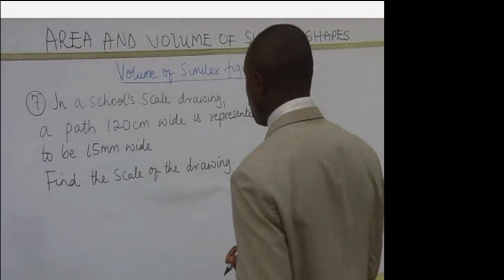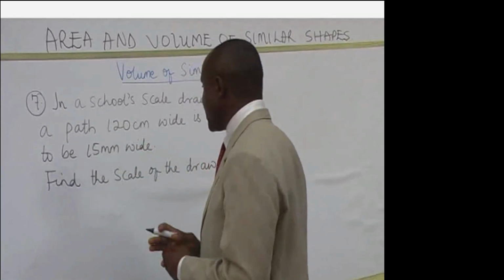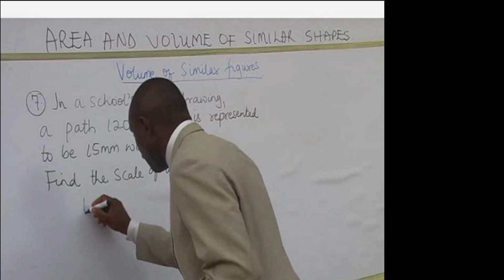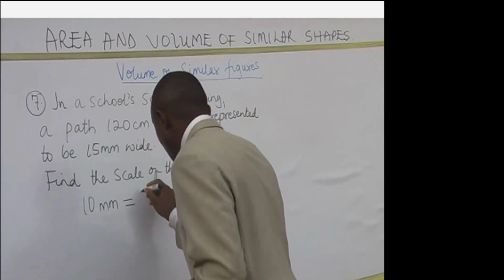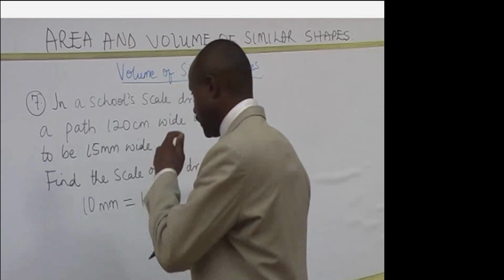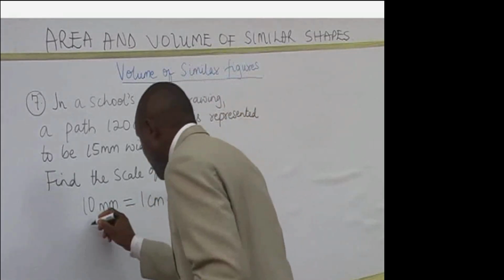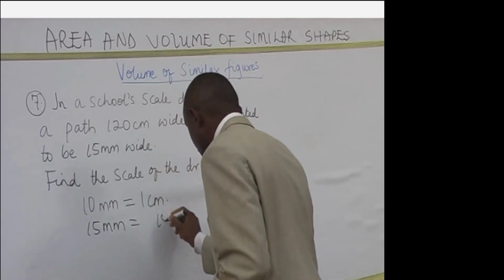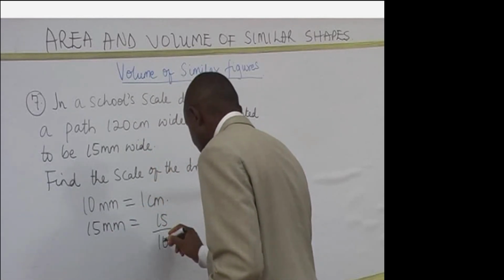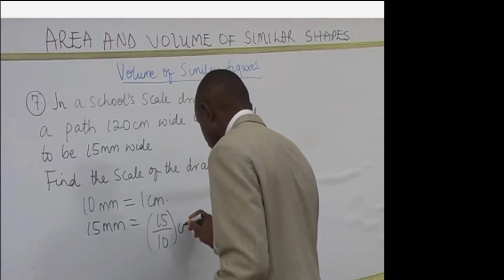So the first thing we do here is to change millimeter into centimeter. The parameter is that 10 millimeter is equal to 1 centimeter. Therefore 15 millimeter is going to be 15 divided by 10 centimeters.